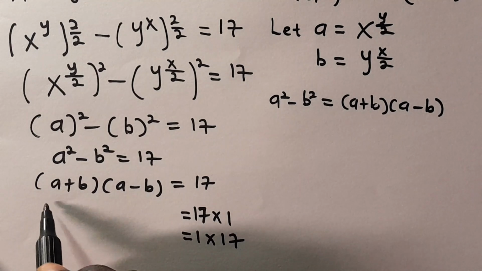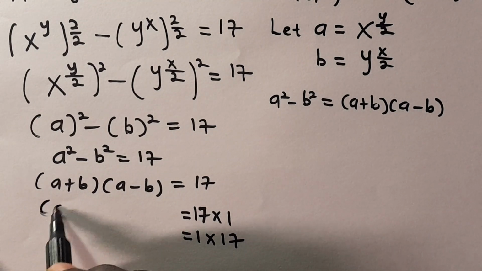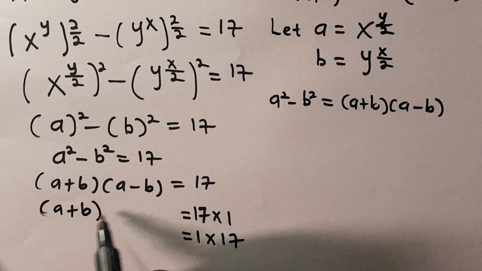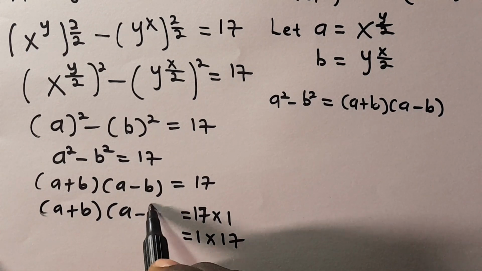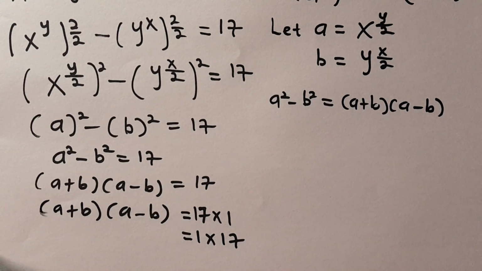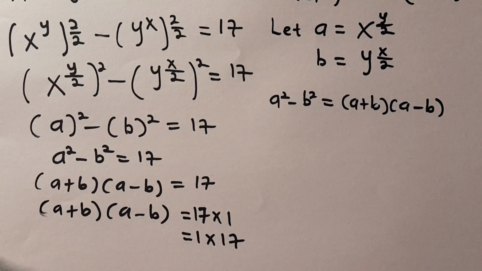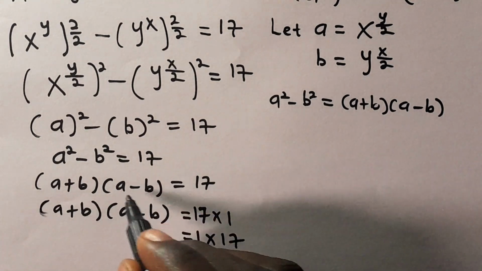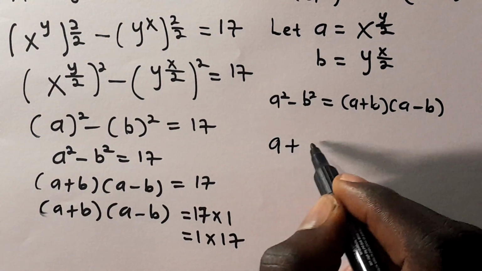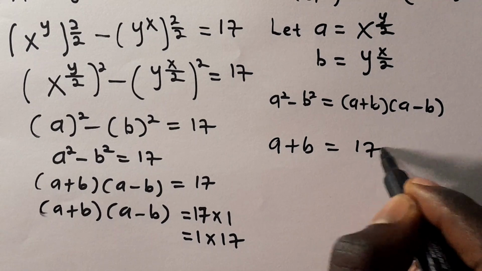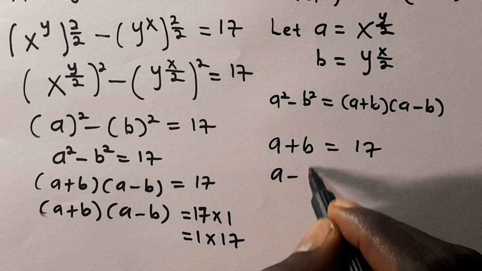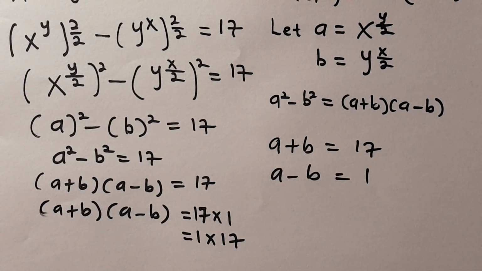So from here, we can have this to be equals this a plus b and a minus b. So therefore, from here, we can equate this like this. What we are going to have for this will now be a plus b equals 17, a minus b equals 1.